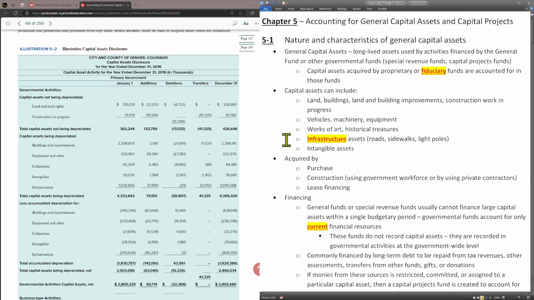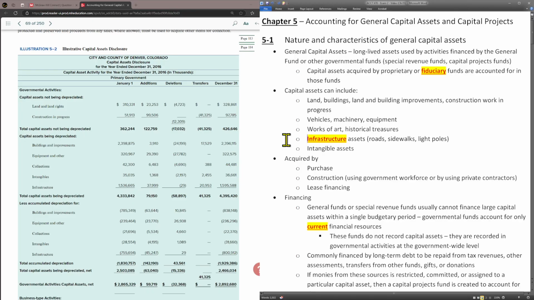These assets could be used by many of the different funds, functions or programs. So even though we're focusing the financing and construction of it in one particular fund called the capital projects fund, the assets themselves are used in a number of different ways in a number of different departments.